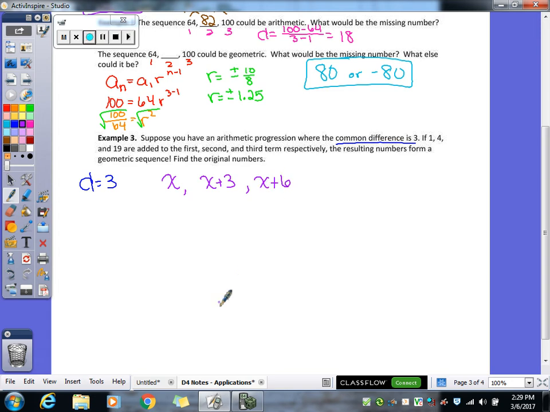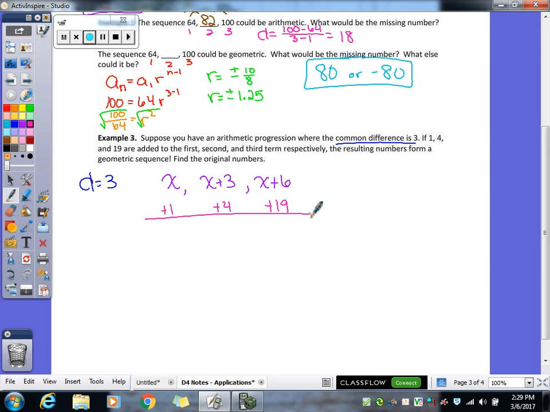And my third term would be x plus 6 because, again, got to add 3 to get to my next term. So this would be our first 3 terms of our arithmetic sequence, the first one that they talked about. They then tell us that 1, 4, and 19 are added to those terms respectively.